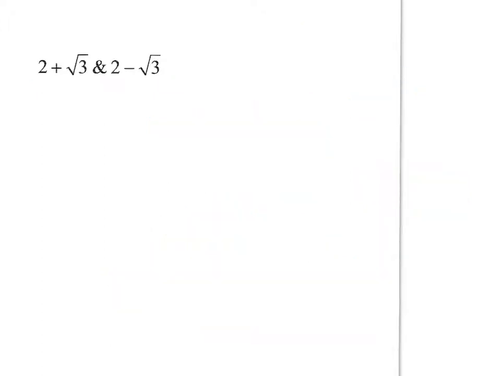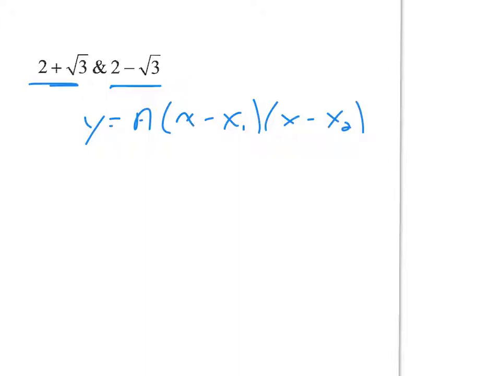Now I have an equation that has roots of 2 plus root 3 and a root of 2 minus root 3. Let's do this the old-fashioned way by writing this in roots form or in factored form. Which is my roots form or my factor form. Let's again let a be 1.